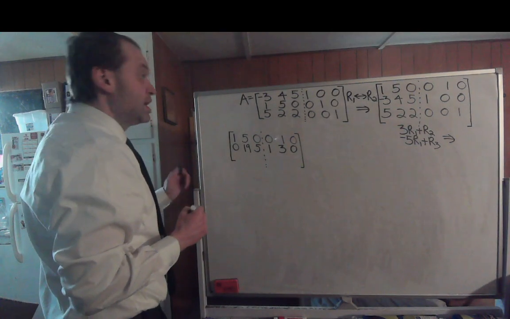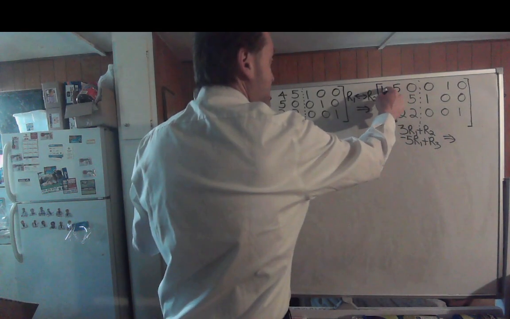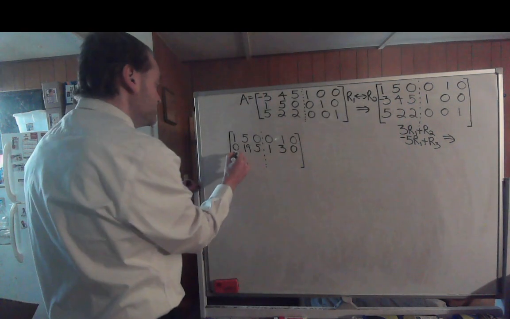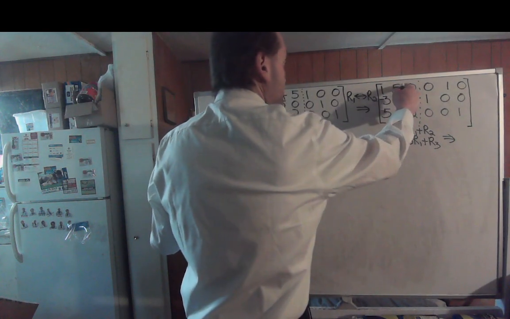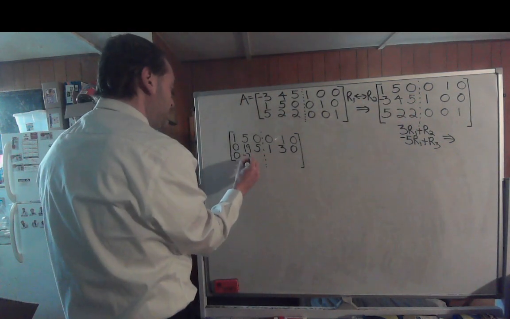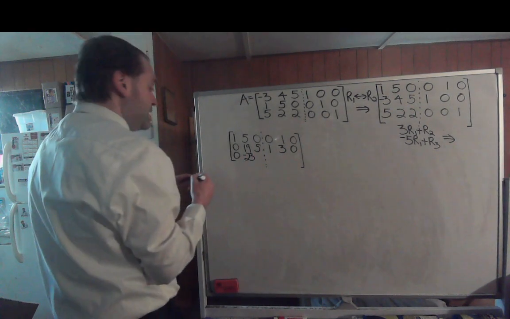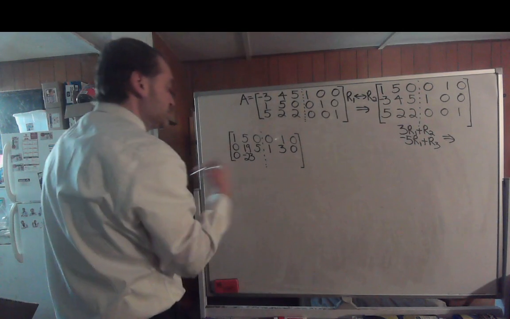Okay? Now let's deal with rows 1 and 3. Negative 5 times 1 is negative 5 plus 5, also 0. Alright, negative 5 times 5 is negative 25, plus 2 is negative 23. And then negative 5 times 0 is 0, plus 2 is 2.